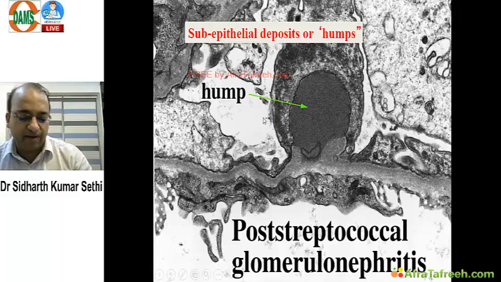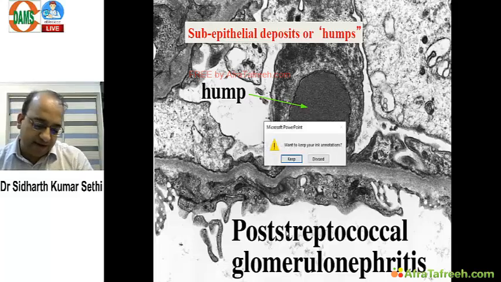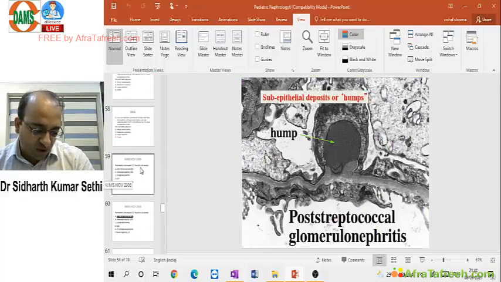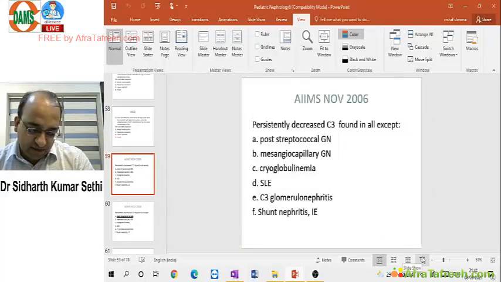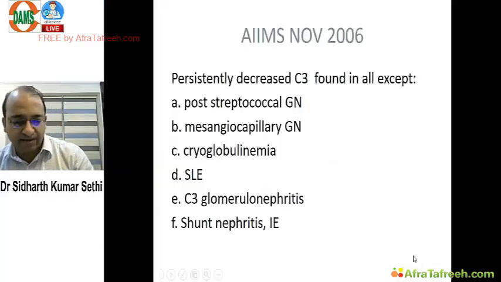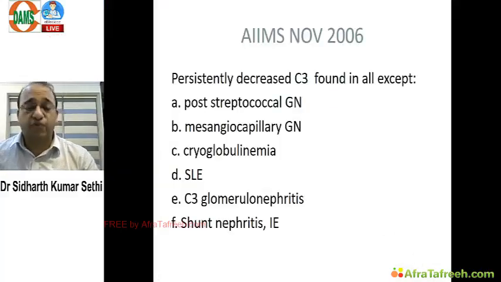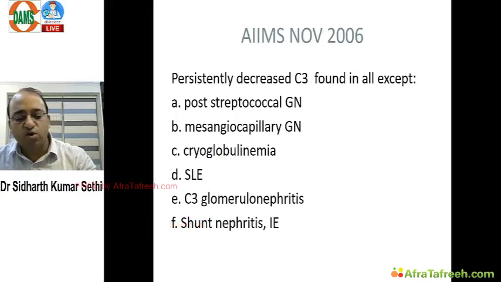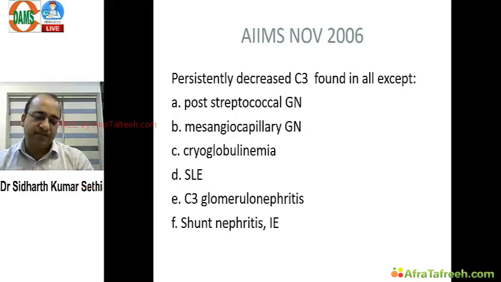So remember that. Let's come back here and I'll ask you an MCQ. I want all of you to be attentive in class. My question to you is, persistently low C3 is seen in all except, and I want all the participants here in the class to answer.